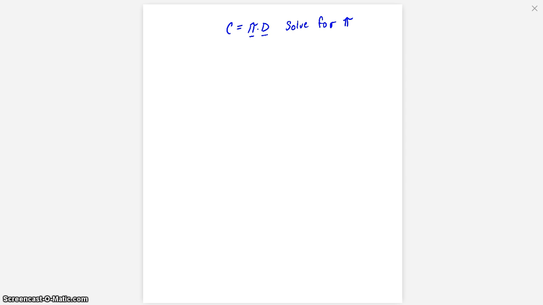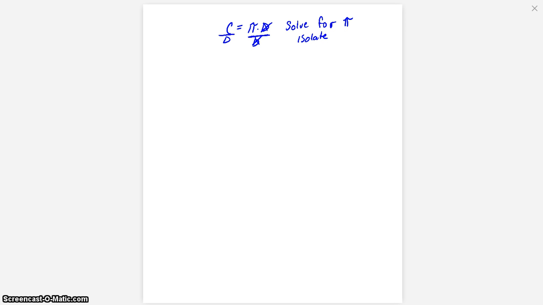So the opposite of that, the inverse operation, is to divide both sides by the diameter. So the diameter cancels out here because we have a diameter on the numerator and the diameter on the denominator. And the other side, you can't cancel it out because you don't have any like terms. So I've already isolated pi.